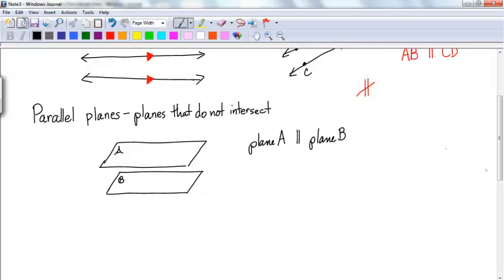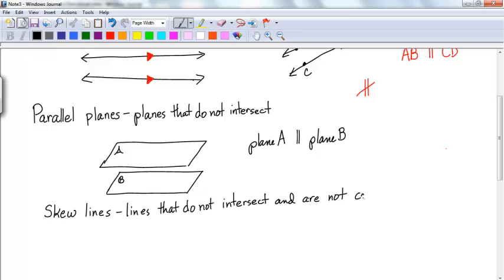Okay, they are parallel to each other. The next thing the author talks about is skew, SKEW. Skew lines are lines that do not intersect and are not coplanar.